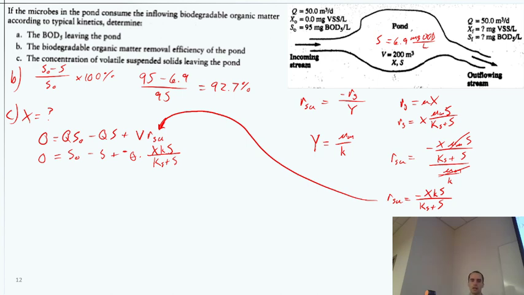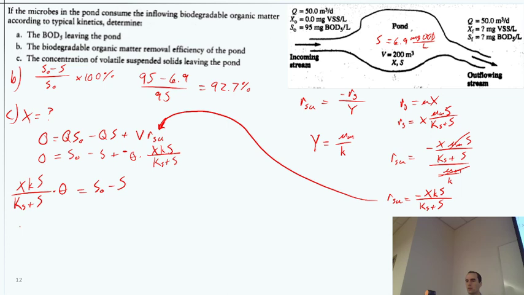Okay, so from there, let's go ahead and add this portion to both sides. So we get x k s divided by ks plus s times theta equals s naught minus s, and then simply solve for x.